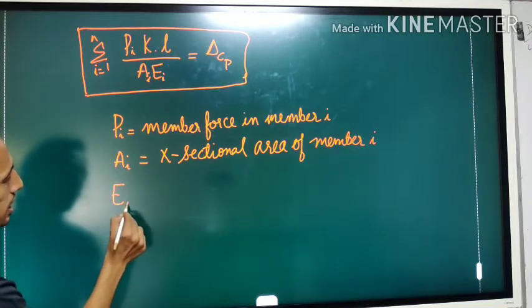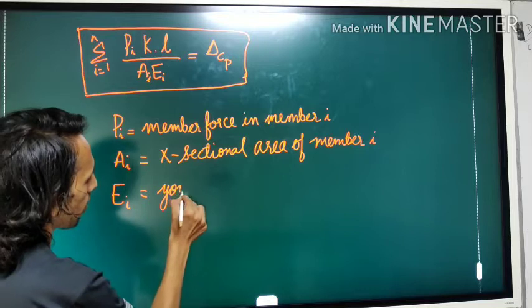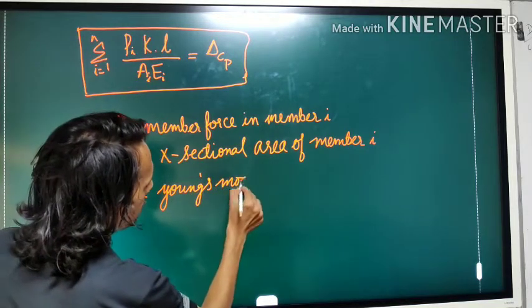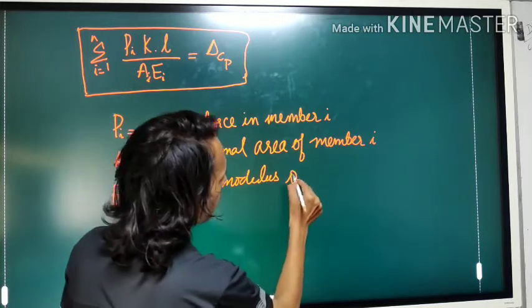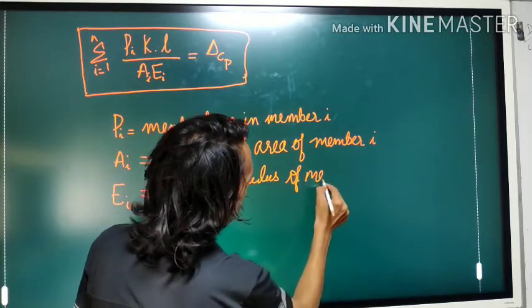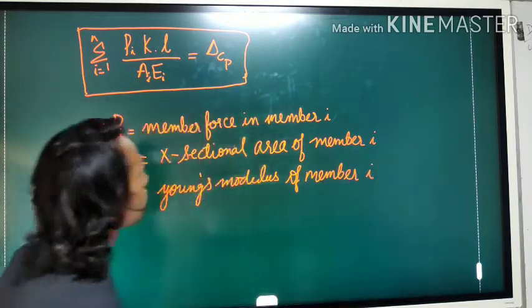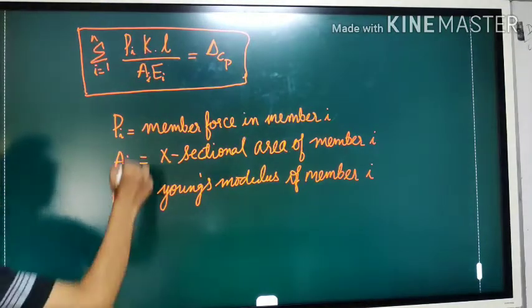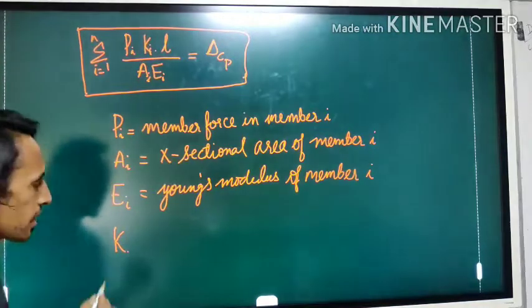Similarly, Ei is the Young's modulus of member i. And now this term K, we will represent it also with i.